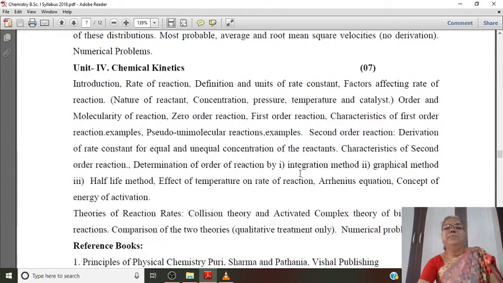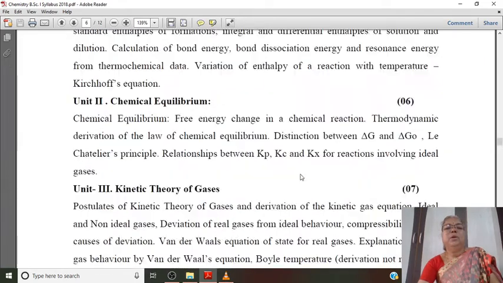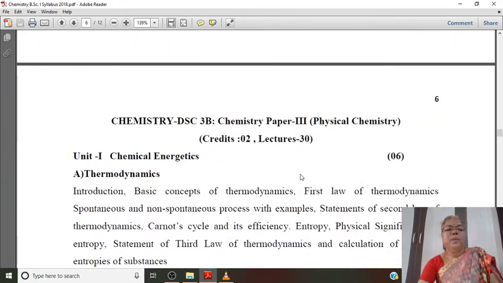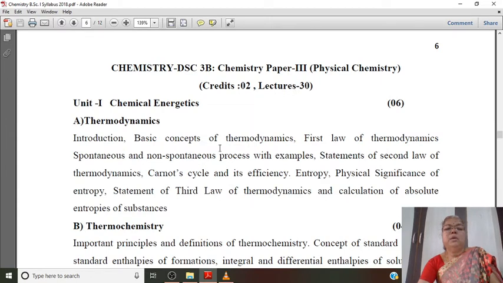Then let us begin with the introductory part of thermodynamics and some basic concepts of thermodynamics. All of you know thermodynamics basically deals with the study of transformation of heat energy into different types of energies.